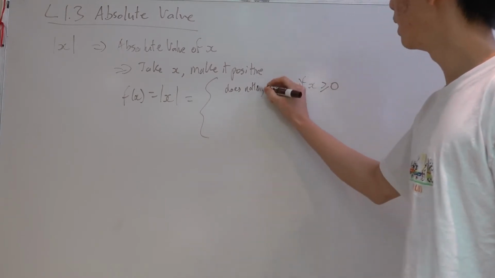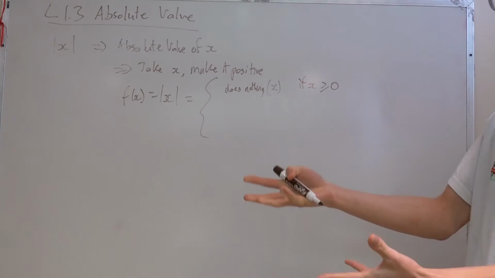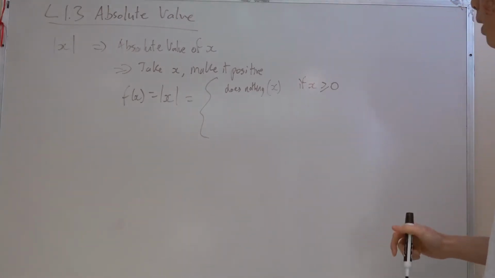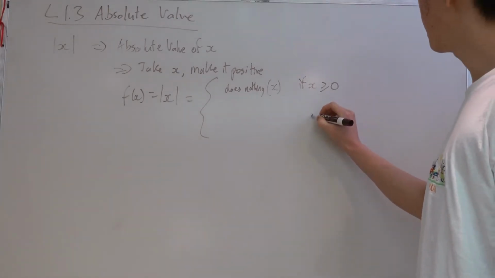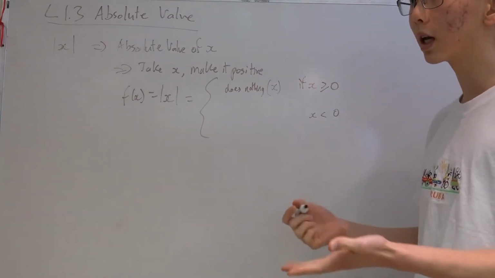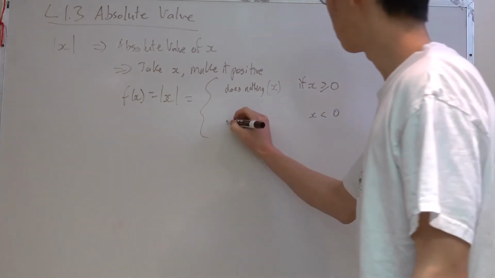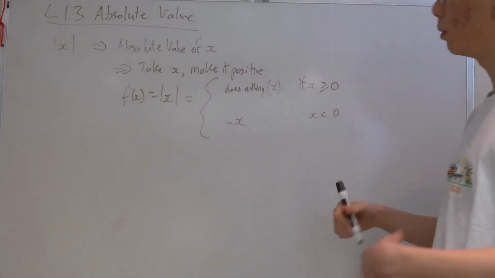Right? So in other words, I could just say, you give me x, and I'll output x. Okay? If it's negative, right? Well, that means our number x is a negative number. So in order to flip the sign, we can just add another negative onto it. So by doing negative x, we get the positive component.